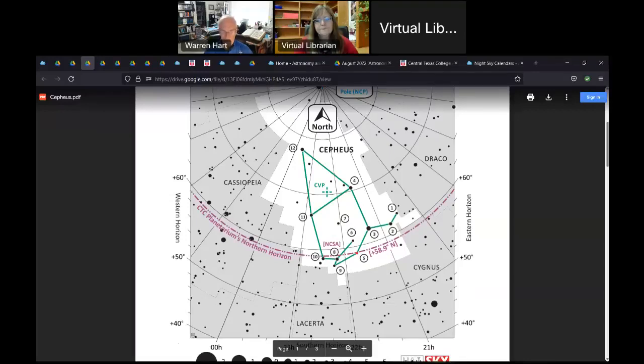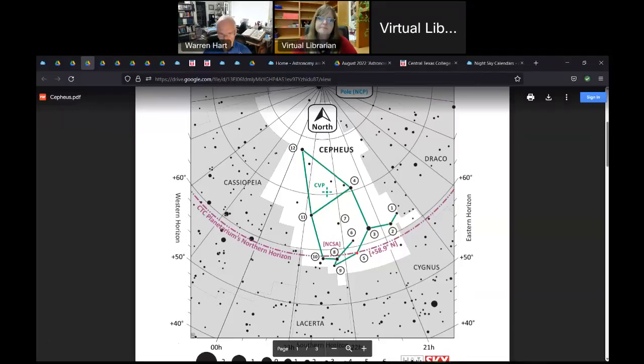So if we were looking to the north to find Cepheus, we would see that that is our northern horizon. And if Cepheus was right in line with us at that time, guess what? We would not see the southern part of him.